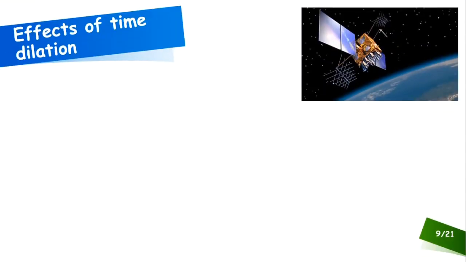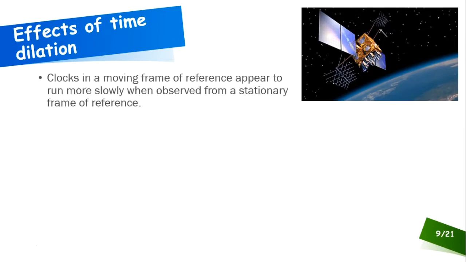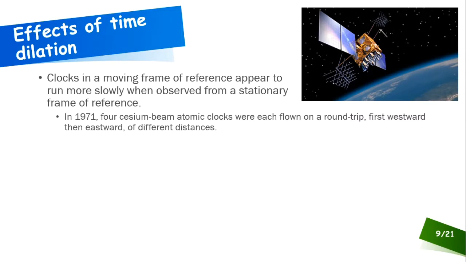Now, this may sound a little quirky, but time dilation is actually a real effect. So clocks in a moving frame of reference will appear to run more slowly when observed from a stationary frame of reference because of this time dilation effect. Back in the 70s, there was an experiment that was conducted to test this idea of time dilation.